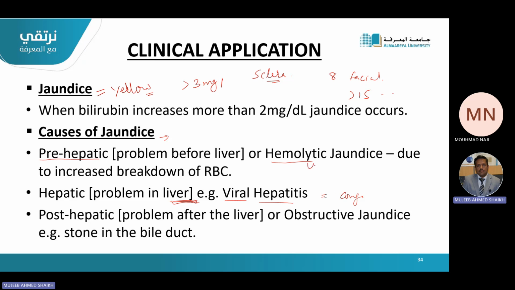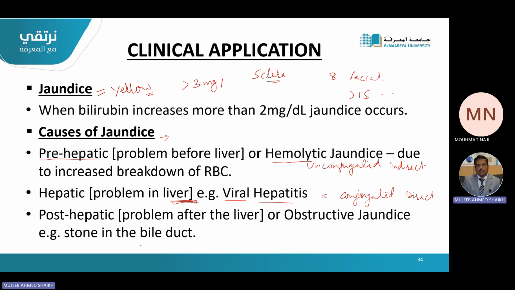Here unconjugated bilirubin will be more. Unconjugated is also known as indirect bilirubin. Conjugated bilirubin will be high in viral hepatitis or causes in hepatic jaundice. It is also known as direct bilirubin.